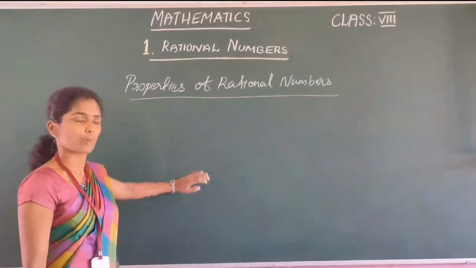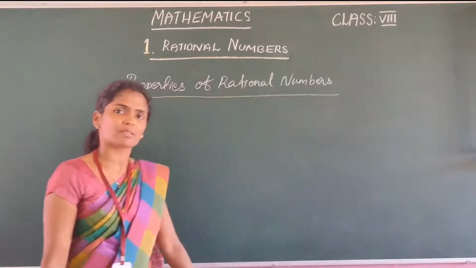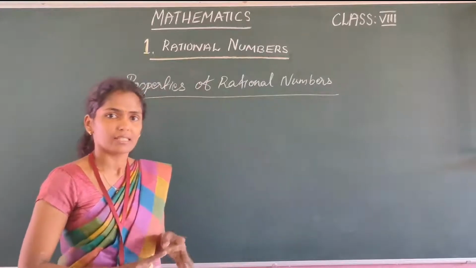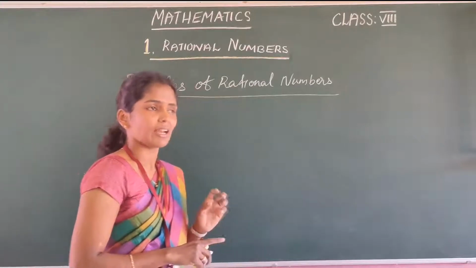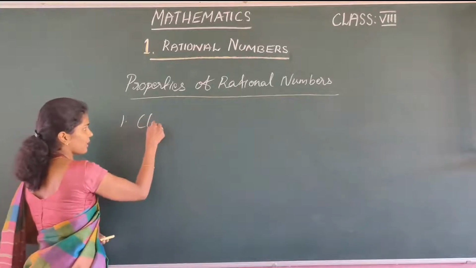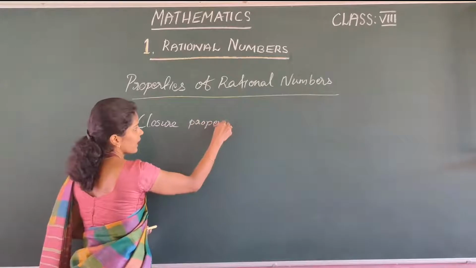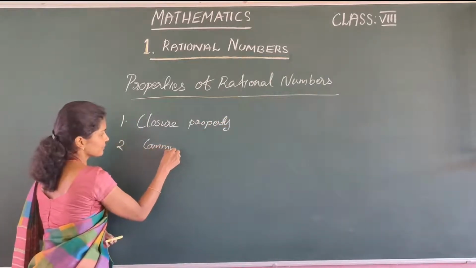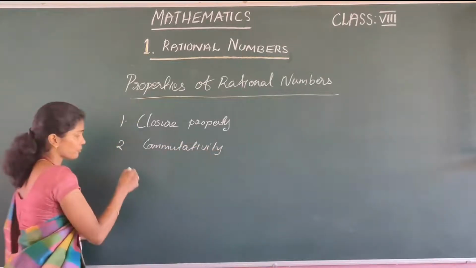Next topic, properties of rational numbers. The properties of numbers, we have studied closure property, commutativity, associativity, some properties for integers, natural numbers, right? The same properties are here. First property, closure property. Our second property, commutativity, the commutative property.